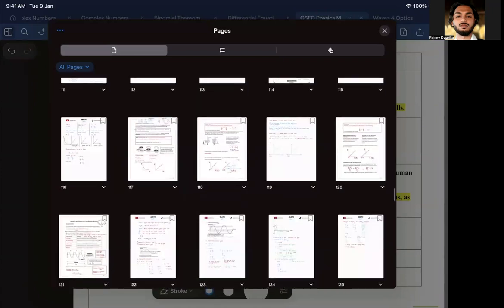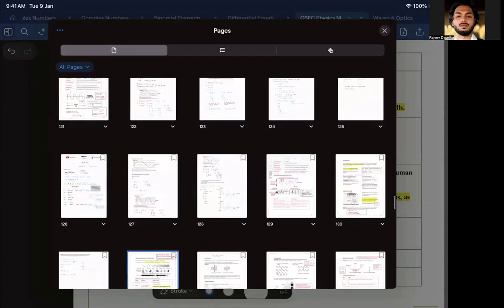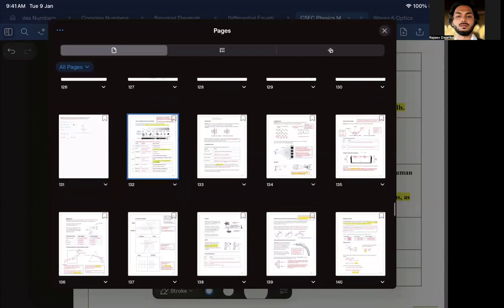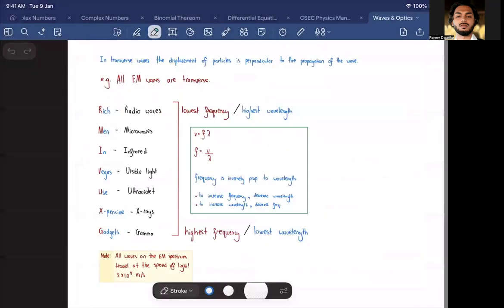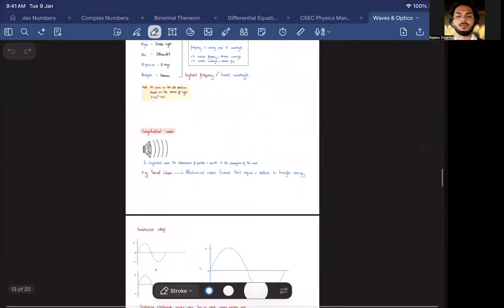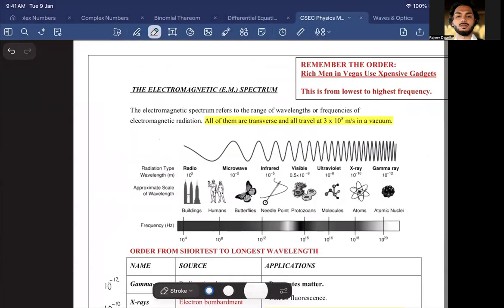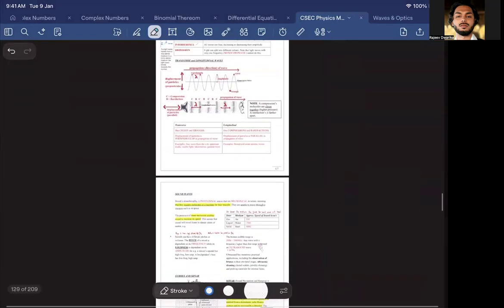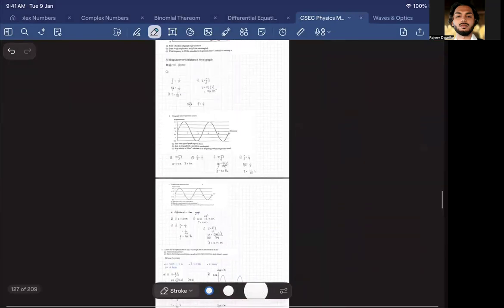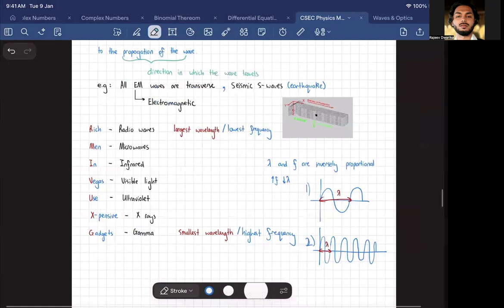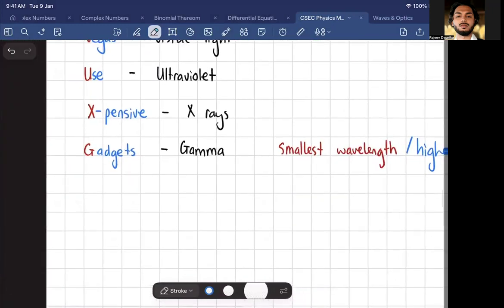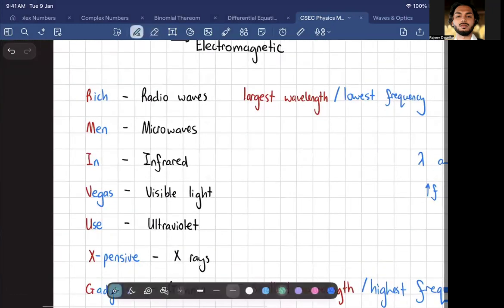Where's that? Did I lose the notes? Where did that go? Give me a second. Okay, here it is. So I'll put down the wavelength for you guys.